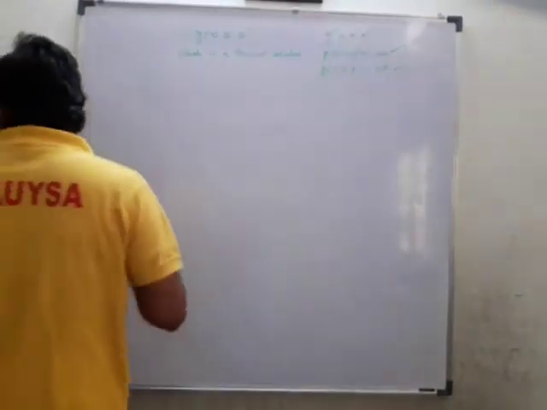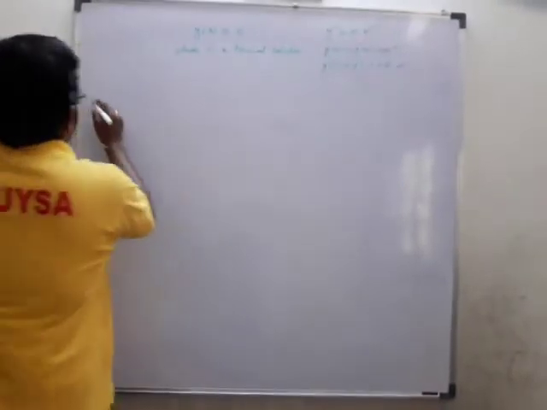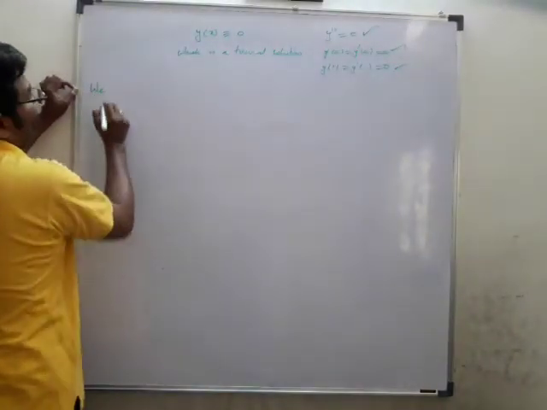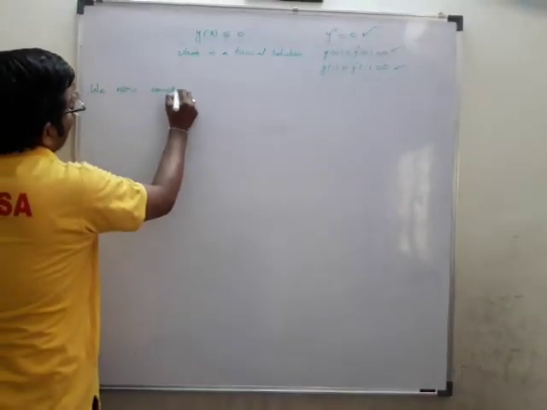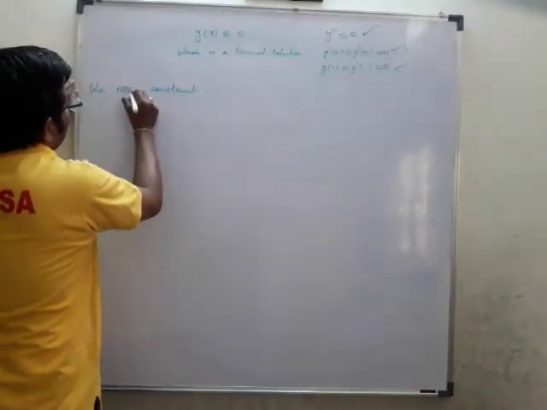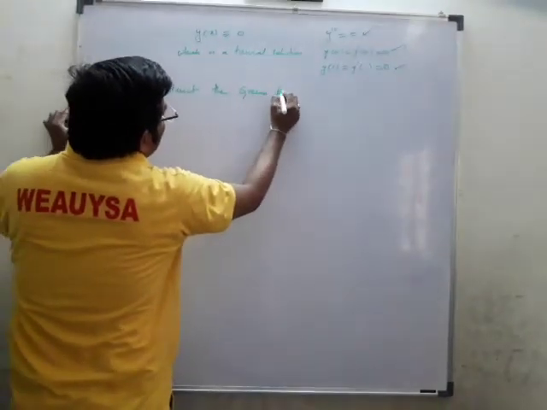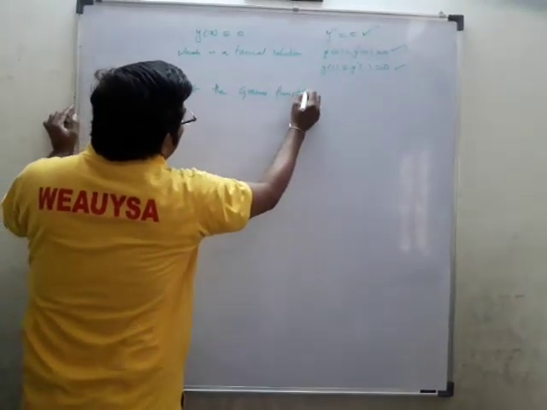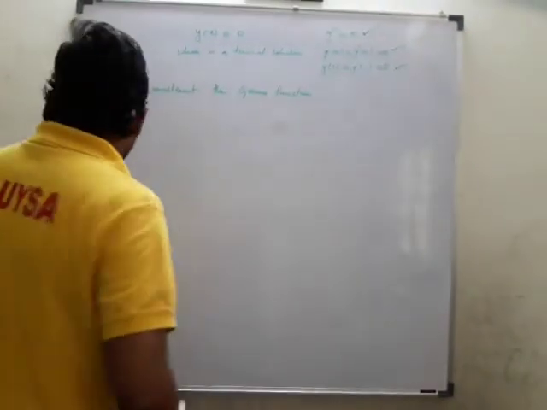Now since we got a trivial solution, we must construct the Green's function. The unknown function g of x comma z, we are going to construct.